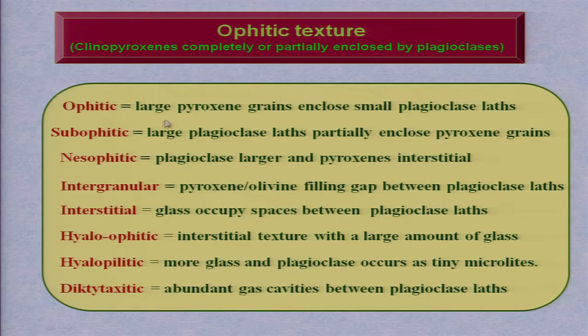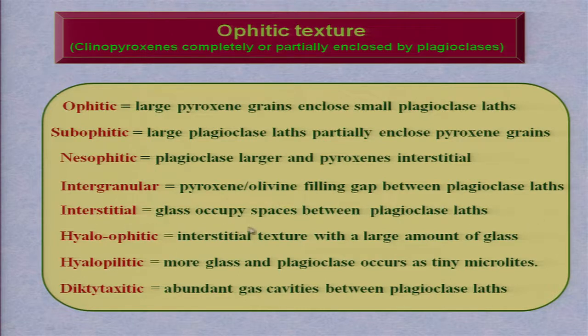In case of ophitic texture, large pyroxene grains enclose small plagioclase laths. Subophitic texture, large plagioclase laths partially enclose pyroxene grains. Intergranular texture, plagioclase larger and pyroxene interstitial. In this case, pyroxene and or olivine both can be possible, filling gaps between plagioclase laths.